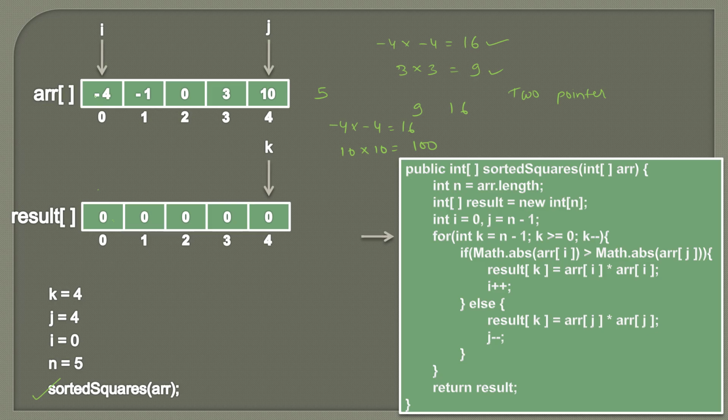If it had been -11, the square would have been 121, and 10 square is 100. So we are very sure that if we compare the extremities, we will get a square which is the largest among all the numbers, and we can safely put it in the last index. This idea will be more clear when we see the demonstration of this algorithm. So I'll just remove this.